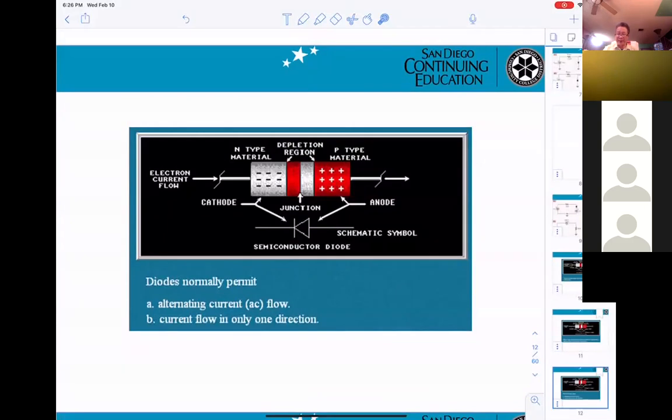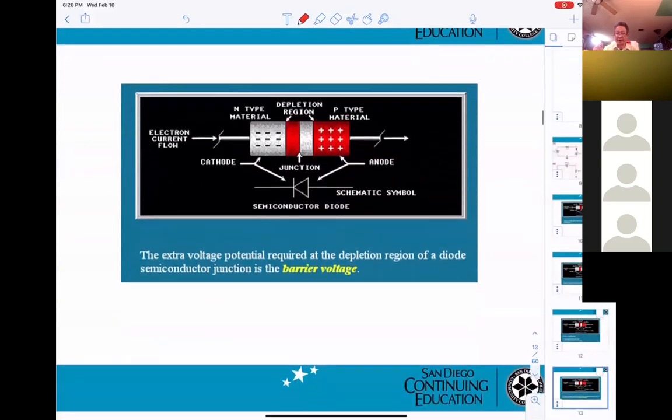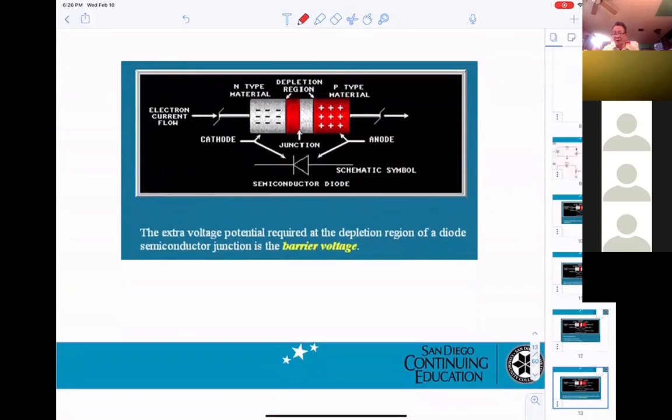Diode normally permits A or B. B, correct. They will permit current to flow in only one direction. Now they're talking about barrier voltage. That means 0.7. You can see the barrier right here, the depletion region.